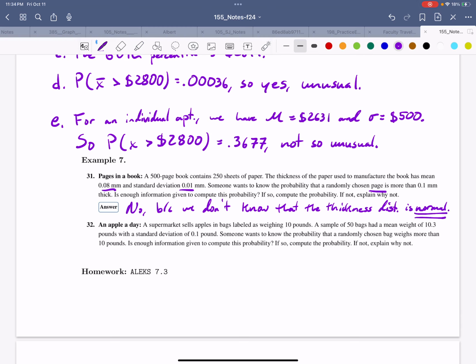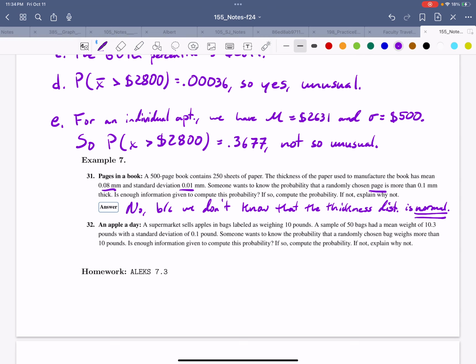They never said that the page thickness was normally distributed. So we don't know that we get to do all this z-score, z-chart, probability distribution plot stuff. If it were a sampling distribution, say a sample of 30 or 31 pages, then the answer is yes, because the sampling distribution is normal no matter what, for a sufficiently large sample.